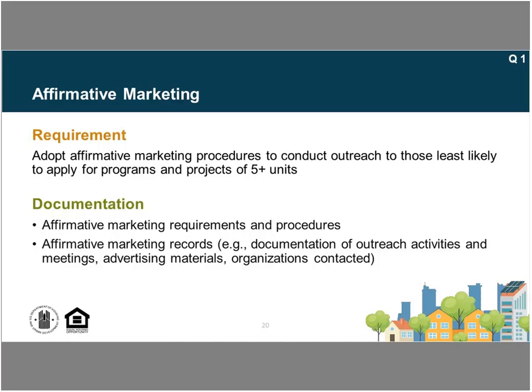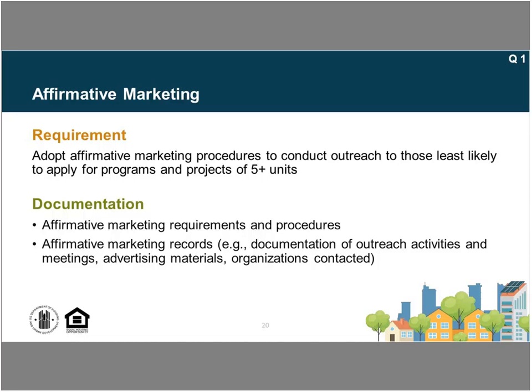The rule says that the PJ must adopt affirmative marketing procedures to conduct the outreach to those least likely to apply. As the PJ, you adopt those procedures. If you have an administrative partner, they're supposed to work within your procedures and make sure that those are implemented.